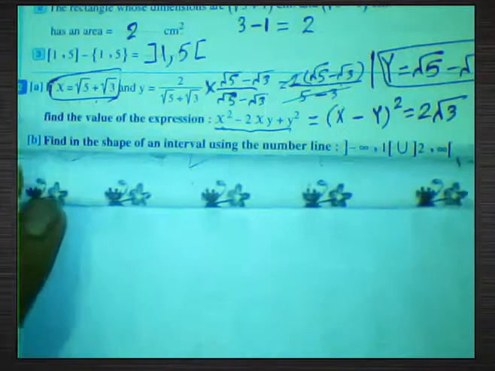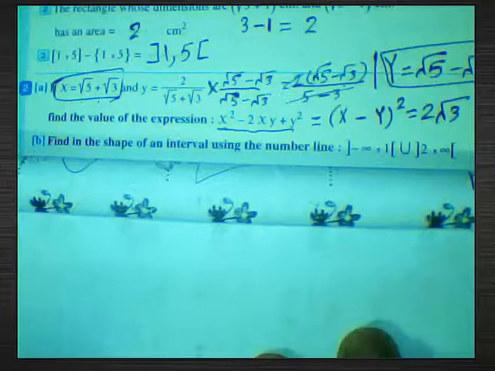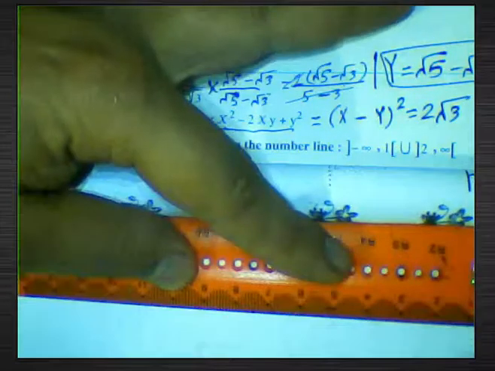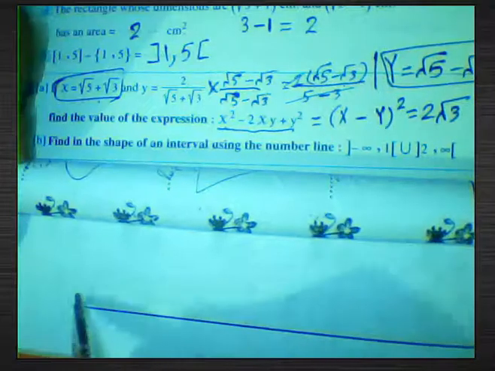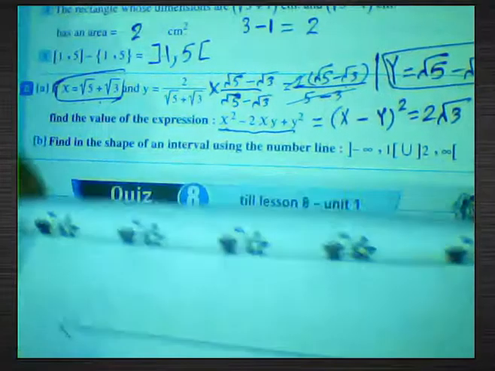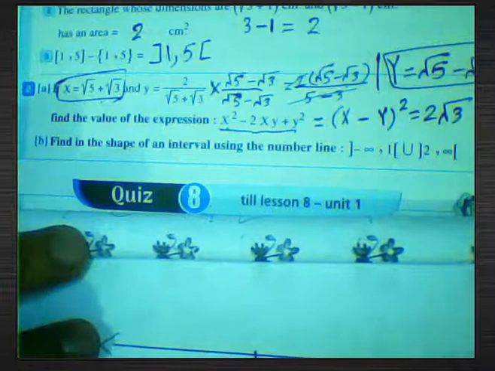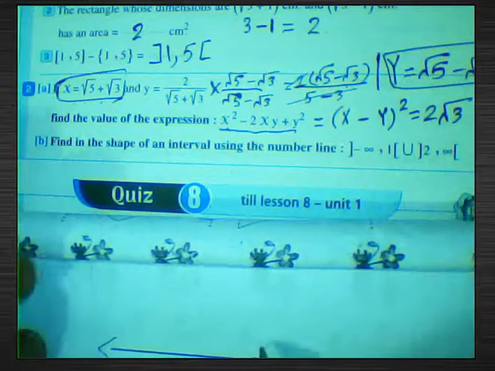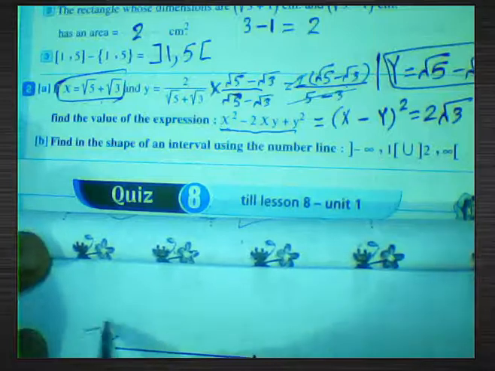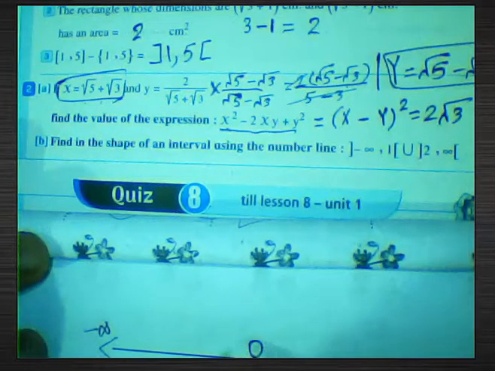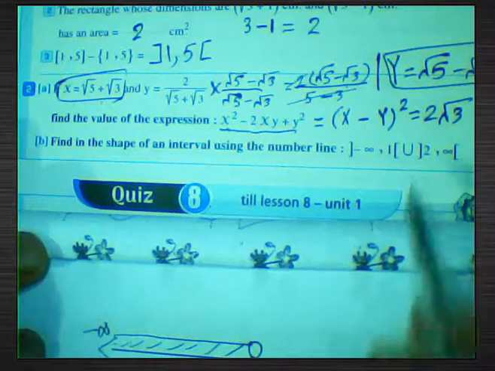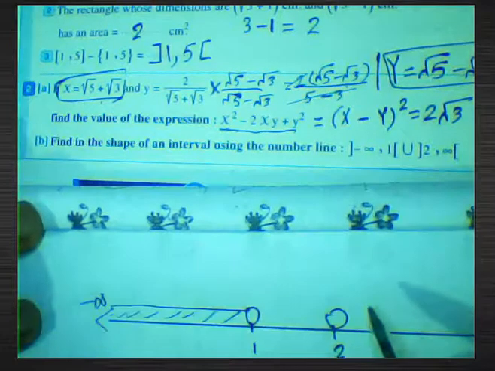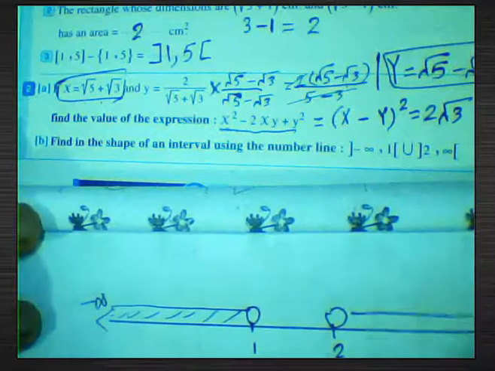We must draw a number line here, and we will determine the two intervals on it. It's 1 and 2. First, from negative infinity to 1, it will be open, and this from 2 open to infinity.